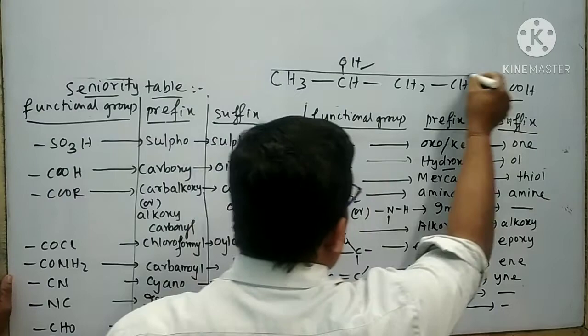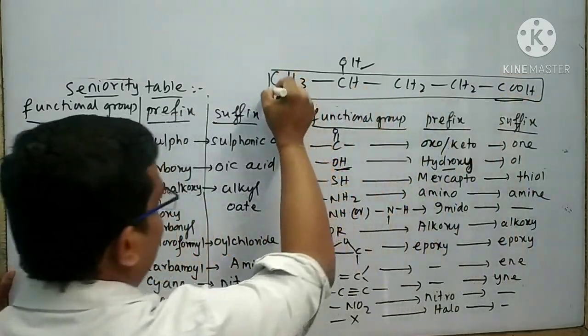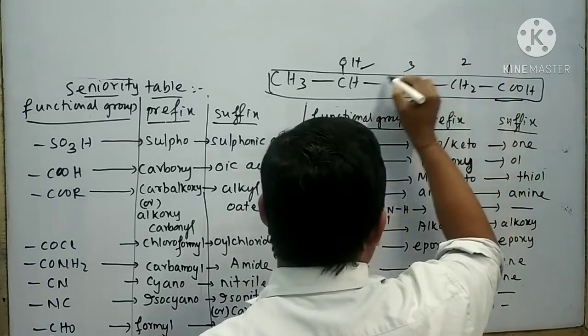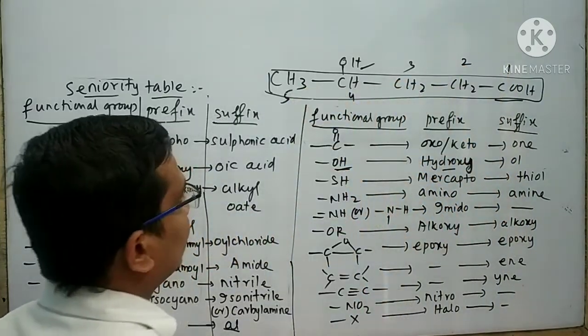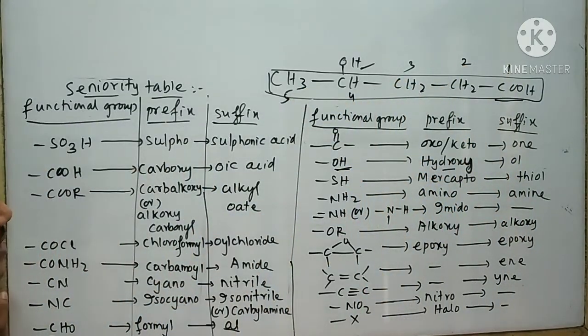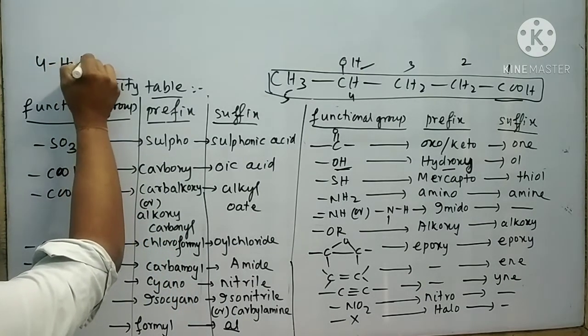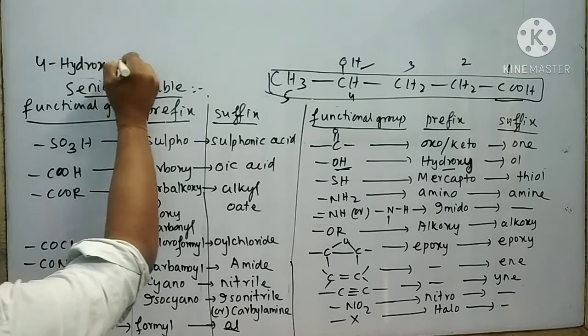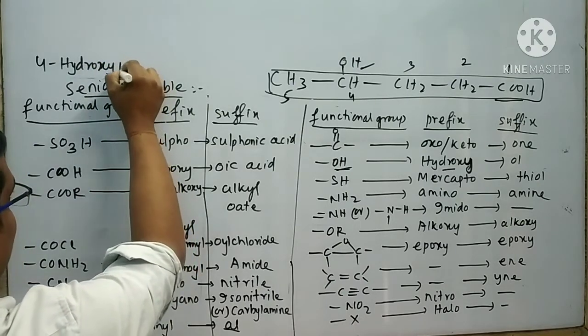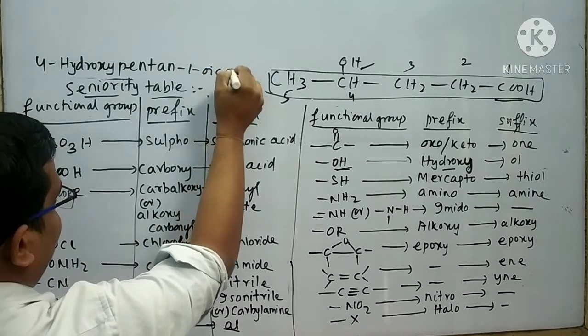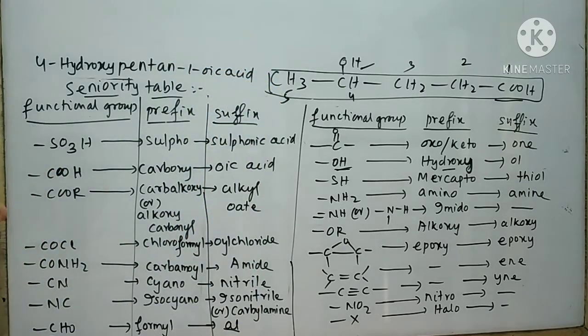So the parent chain is this, and I can start the numbering like this: 1, 2, 3, 4, 5. The name of this organic compound is 4-hydroxypentan-1-oic acid. We can also give the name 4-hydroxypentanoic acid.